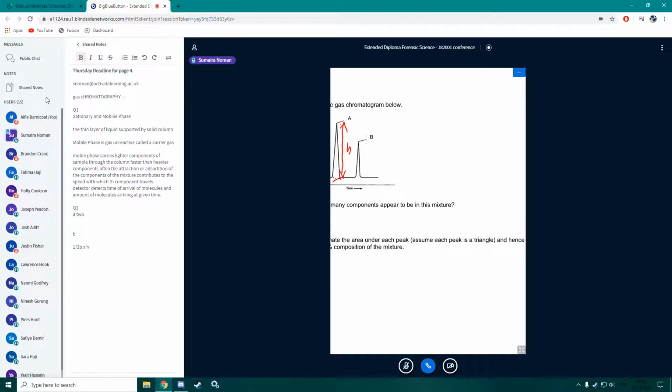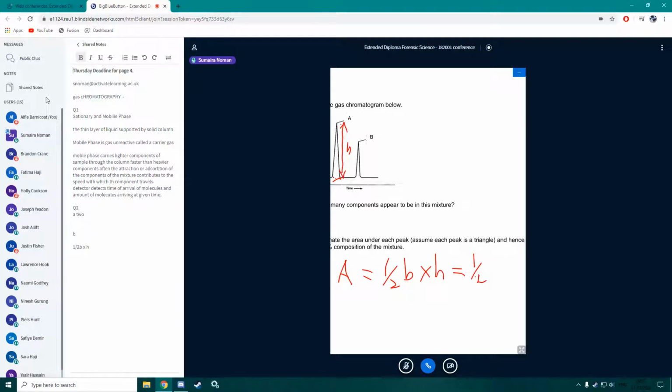So for A, A equals a half base times height. So it should equal, okay, half.